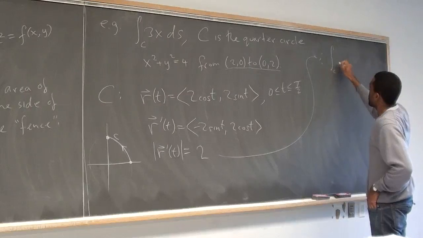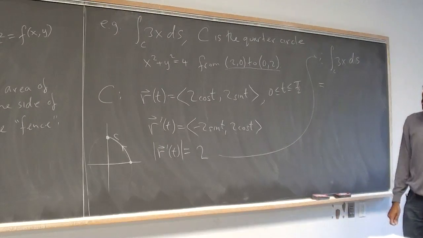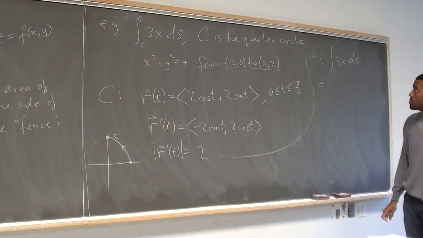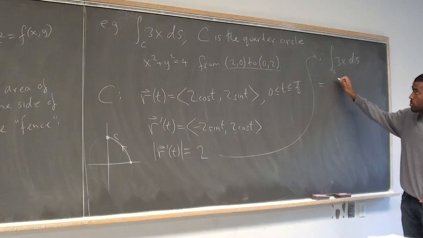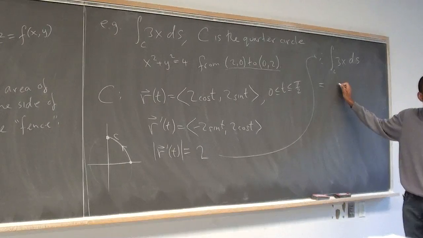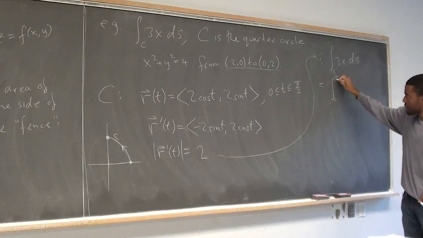Therefore, the integral along C of 3x ds is equal to what? The integral, what are the limits? 0 to pi over 2.